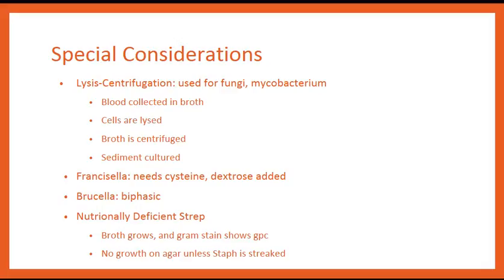And the only way to get it to grow is to sub the blood culture broth onto a plate that has staph growing on it, and then the staph will give it the nutrients it needs to grow. So in this case, the broth can grow the organism, when it comes up positive, you do the gram stain and you see gram-positive cocci, and then you put the broth on McConkey, chocolate, and blood, but nothing grows.